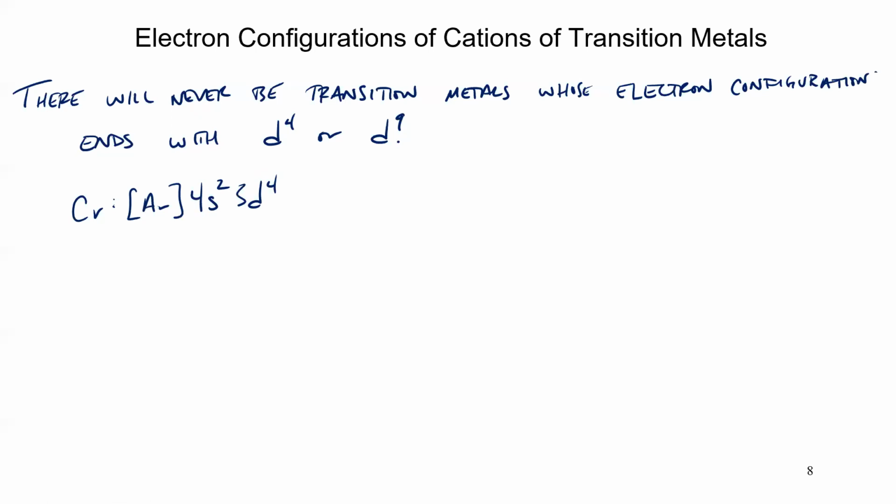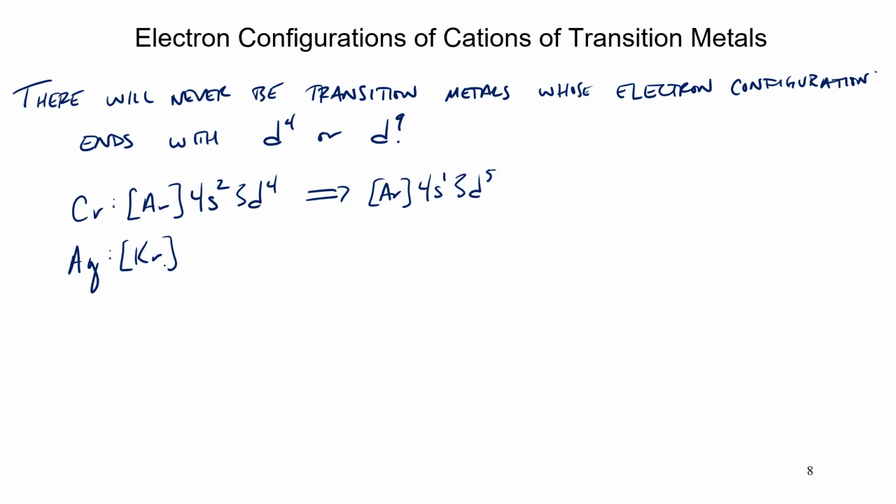It turns out that even though the 4s subshell is full, that 3d subshell only needs one electron for it to become half filled. And so chromium really is argon 4s1 3d5. So both the 4s and the 3d are both half filled, and that's a much lower energy state for that particular element.